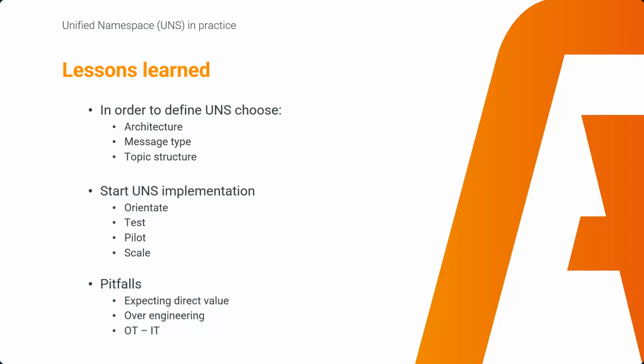We need servers, we need firewalls, and all of that. So it's really important to bring the people of both fields together. In some companies that we help, those are the same people, which is really cool because we can talk on the OT side and on the IT side with the same people. But there are also customers of ours where it's really divided and they don't even talk with each other. But it's really important because setting up a UNS will involve OT and IT. So we need to bring those people together.